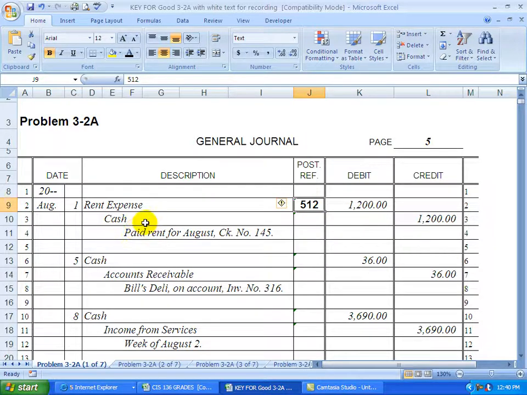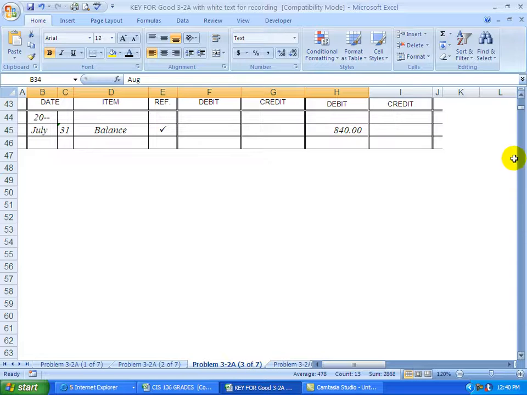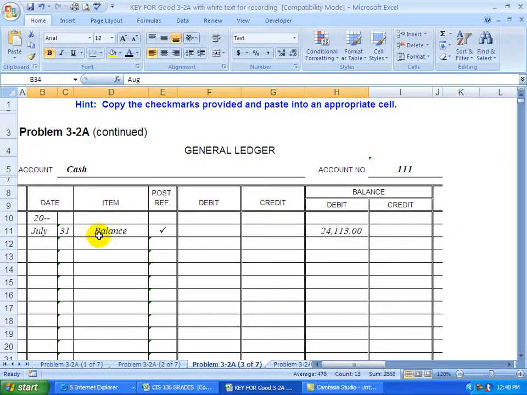So let's now go to the next line. Here's the next line. Cash is going to be credited for $1,200. So we go to the cash account and we put in the month and the day, and we are going to credit it for $1,200.